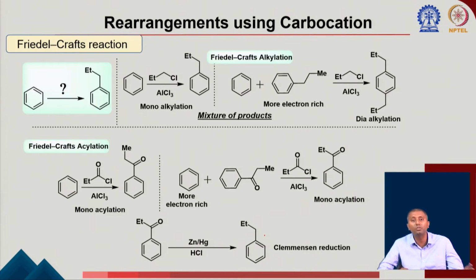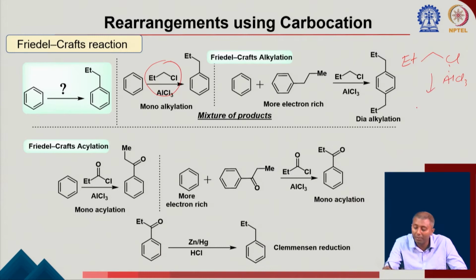Now one of the other important things is to understand the mechanism of how these reactions happen. Suppose you are reacting with AlCl3 and this type of chloride. If you have a compound like EtCH2Cl, AlCl3 first activates the chlorine, and at the end it forms some sort of carbocationic character.